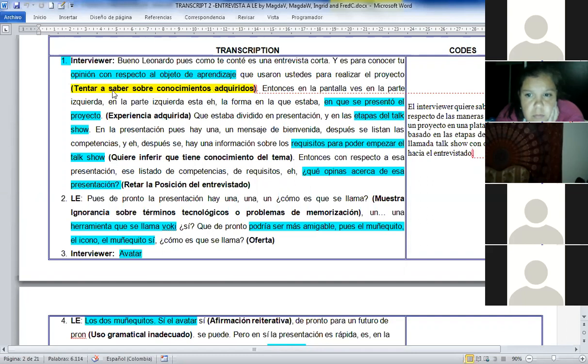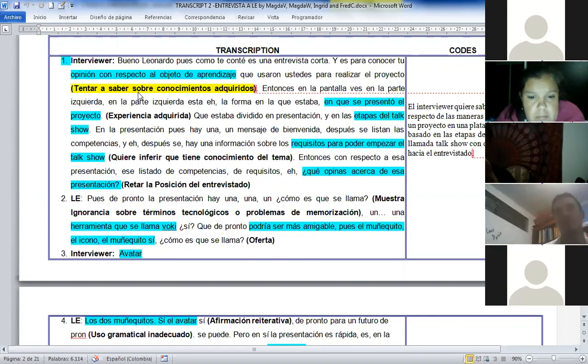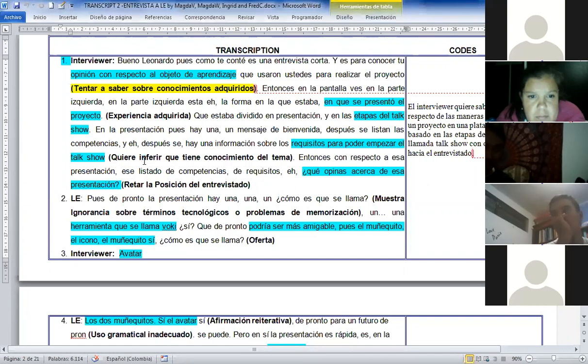On the left, students wrote that one code was tentar saber conocimientos adquiridos. It was like the analysis of the questions that were asked and the answers that were given regarding the intention of the speaker. So in this analysis, the students wrote that the intention was tentar saber sobre conocimientos adquiridos, hablar sobre experiencia adquirida, inferir que se tiene conocimiento del tema, retar la posición del entrevistado, ofertar, afirmar reiterativamente.